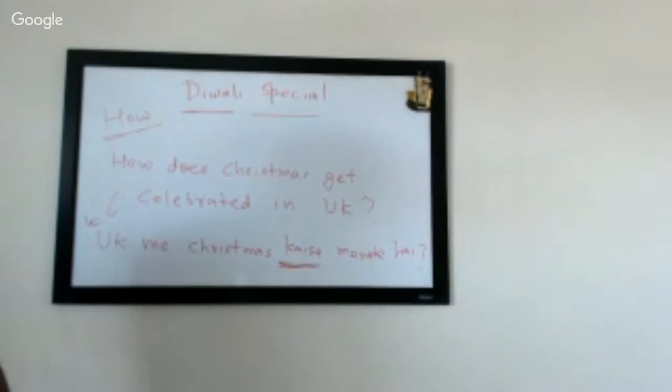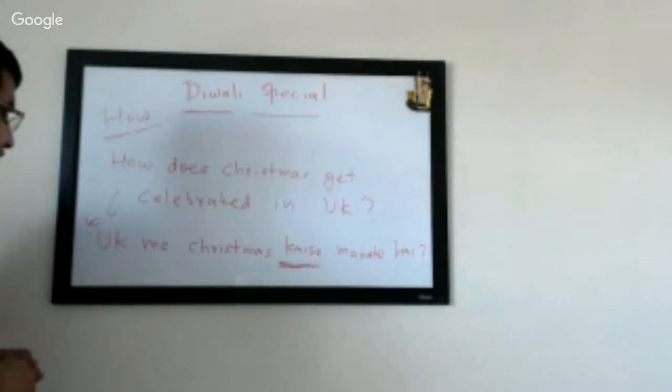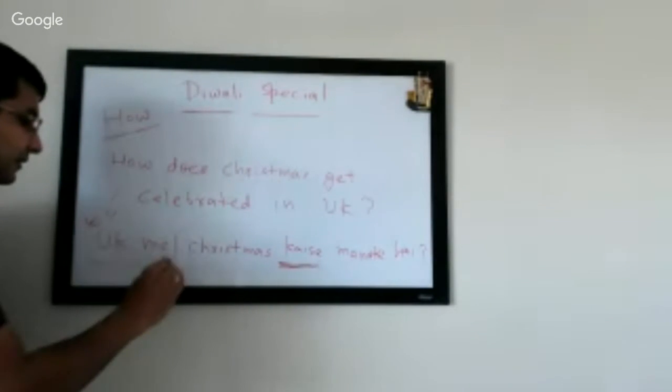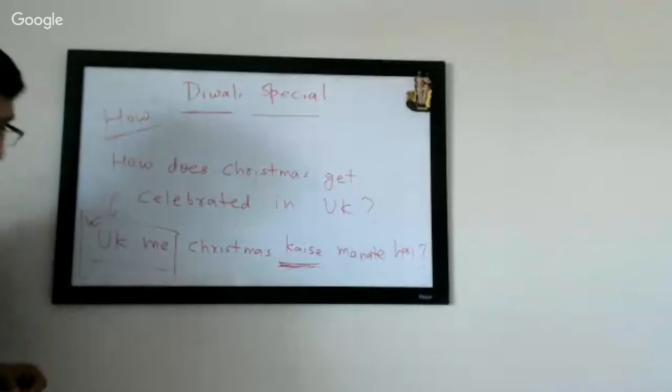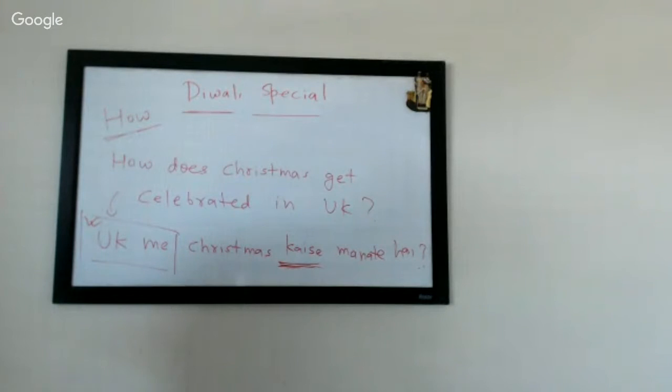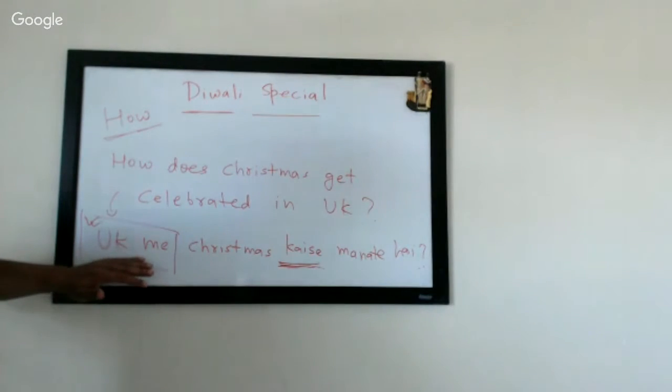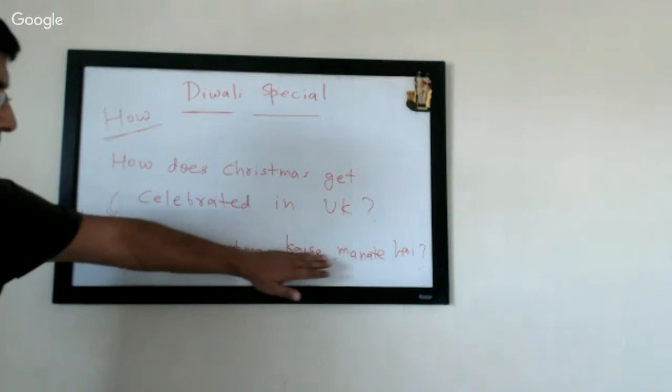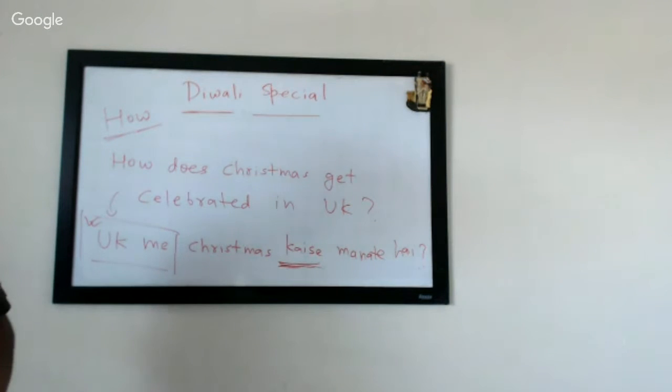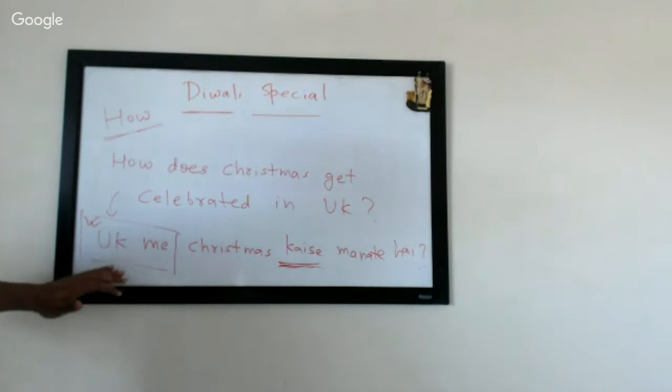Because of the language agility, you can put this thing in the end, and people will be able to understand you. Christmas कैसे UK में मनाते हैं. So the word order does matter, but if you still end up saying it that way, people will completely understand you.